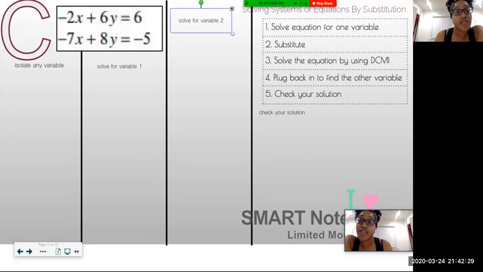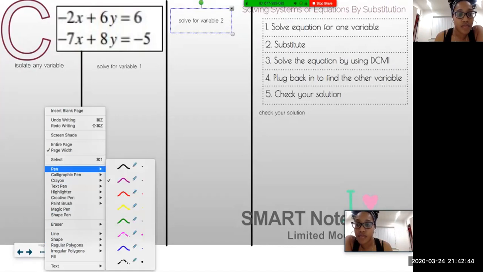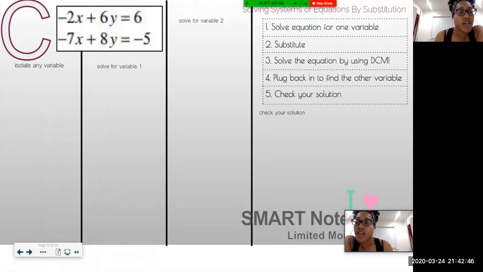For this question, what I'm gonna try to do is just get x by itself first. So I'm gonna just pick the first equation. The first equation has the following. It has negative 2x plus 6y is equal to 6.